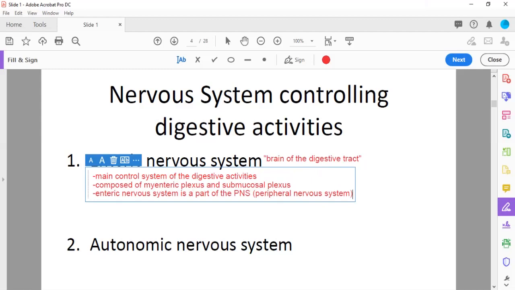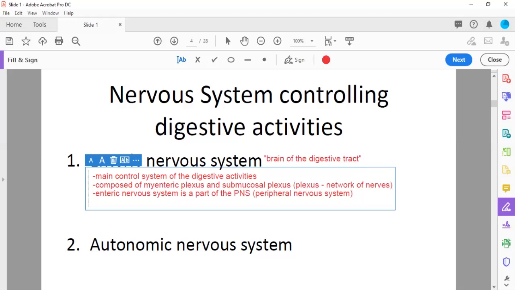So what I also want you to know is this: plexus is defined as a network of nerves.